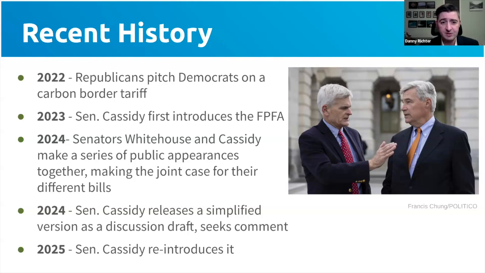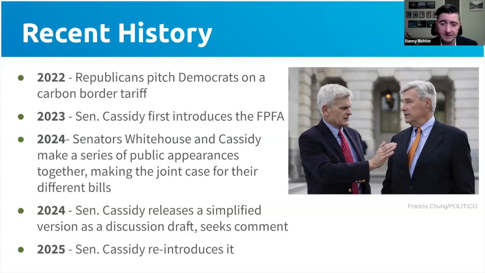In 2024, Senator Cassidy released a simplified version as a discussion draft, and he sought comment. I think that was really smart. He gained a lot of industry support by doing that. Working with his office and the staff there, they did a really good job of seeking diverse opinions.